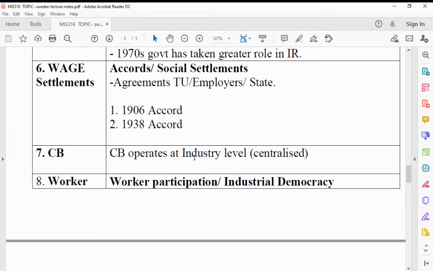So this is another similarity between Germany and Sweden, and there is a difference between Germany and Sweden. The similarity is that collective bargaining operates at the industry level, and it is centralized. And the difference is that Germany's collective bargaining is actually shifting towards decentralization, even to the extent that small and medium organizations are excluded from the industrial collective agreement that is decided.